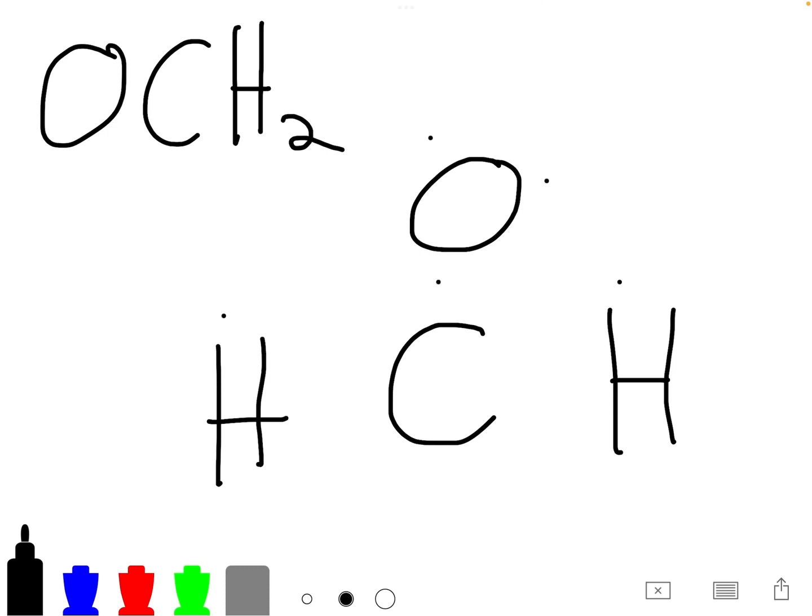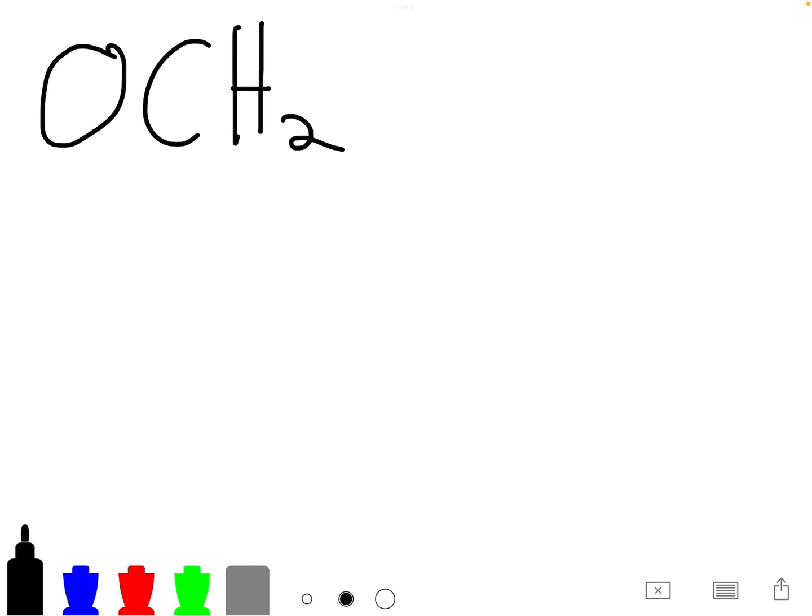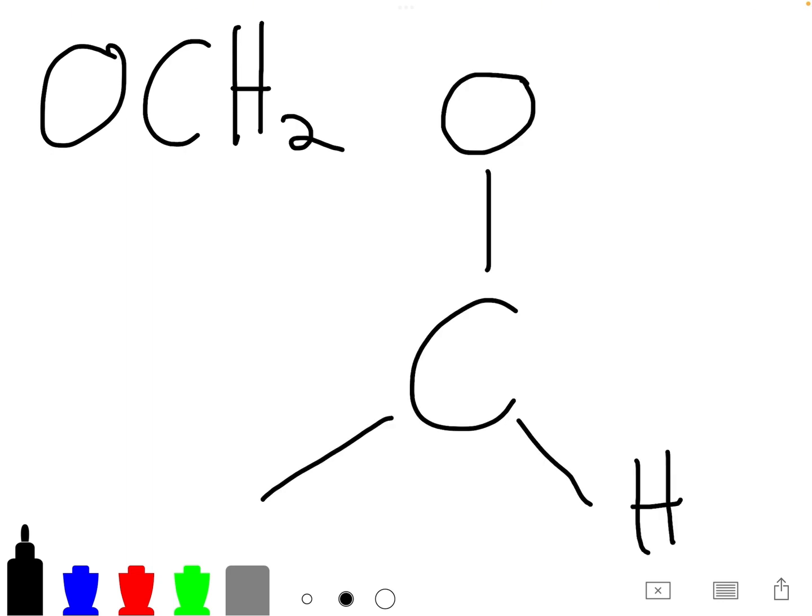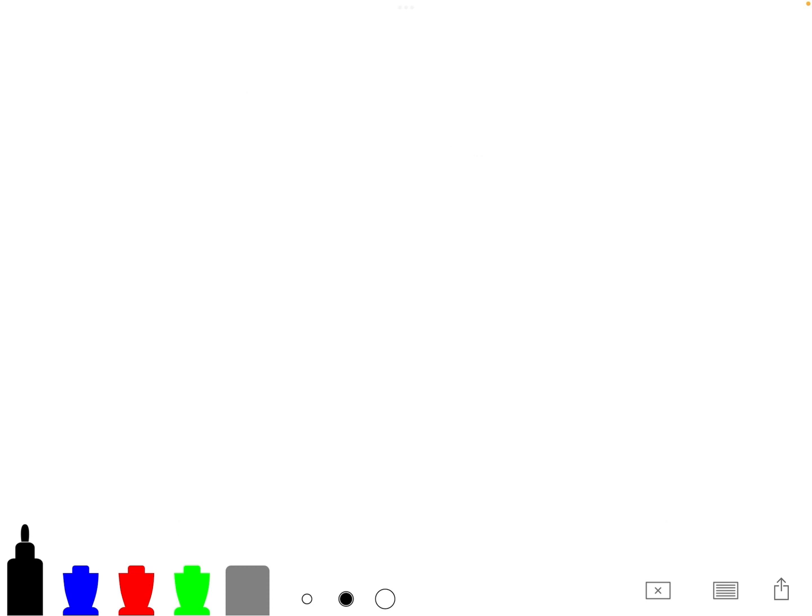And then I will show the geometry. I think you were going to have carbon in the middle, and there's going to be a line, oxygen, and these 2 will be the hydrogen. These 2 are the hydrogen. SbCl5. Okay, so that will be like this.